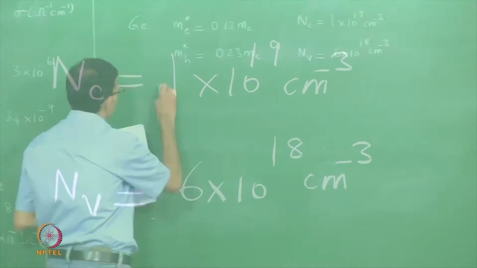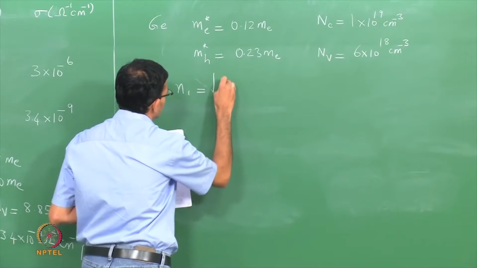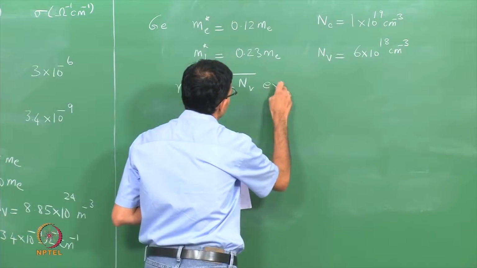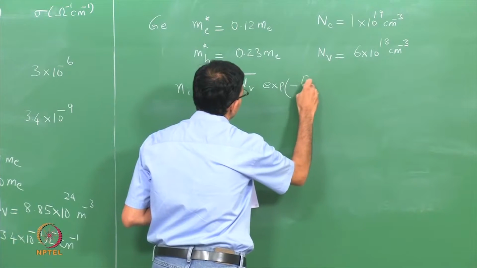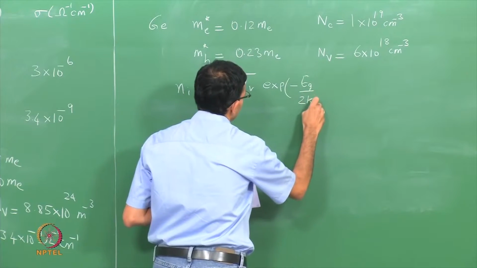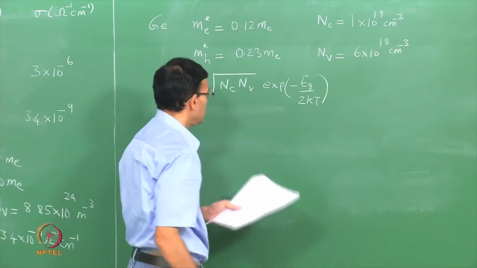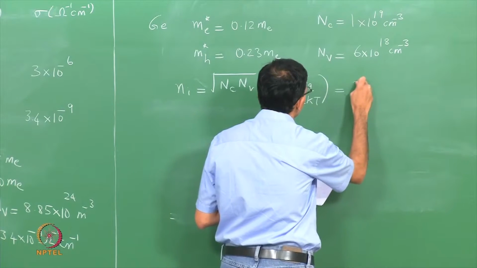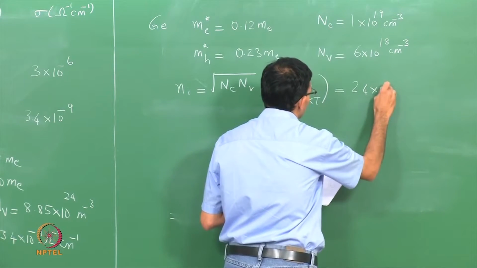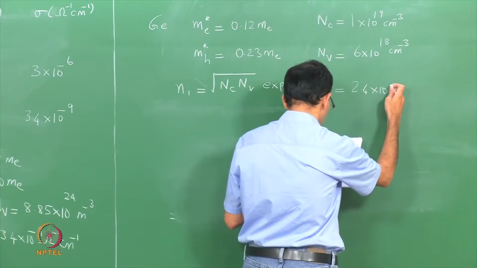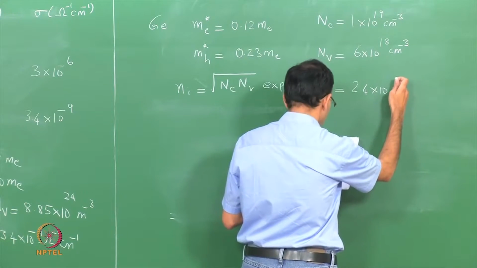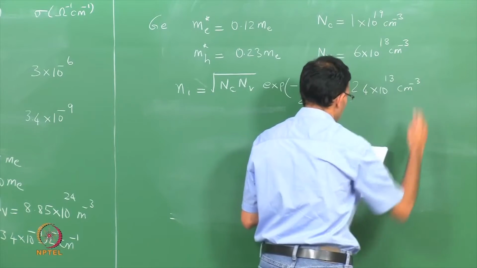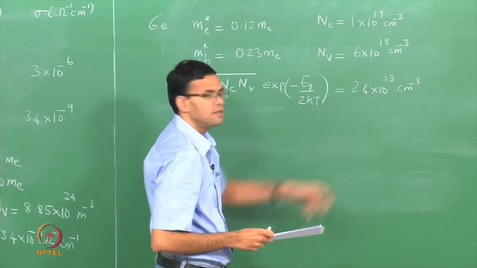So, the intrinsic carrier concentration Ni is nothing but square root of Nc Nv exponential minus Eg over 2 kT, which if you substitute the values gives you an Ni of 2.4 times 10 to the 13 centimeter cube. So, Ni is higher in the case of germanium.